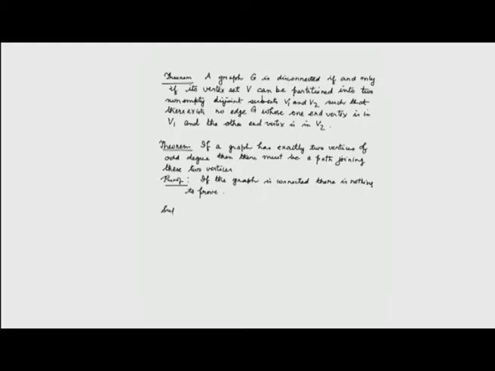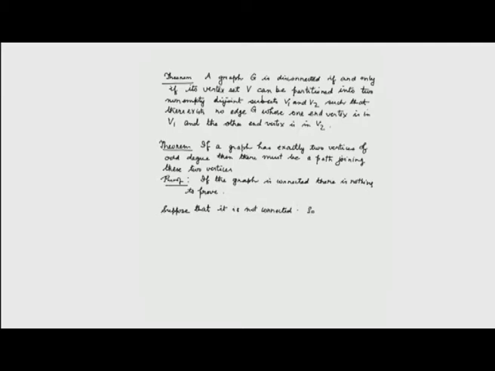Now, suppose that it is not connected, then by the previous theorem I can split the set of vertices into two disjoint sets, such that there is no edge connecting an element of the first one with the second one.